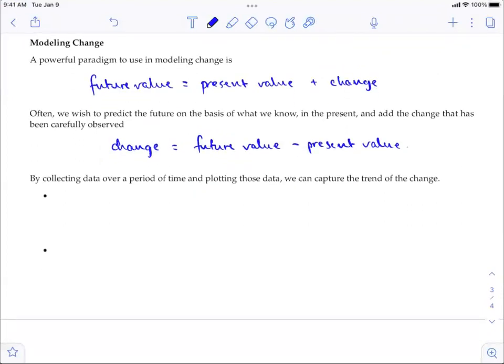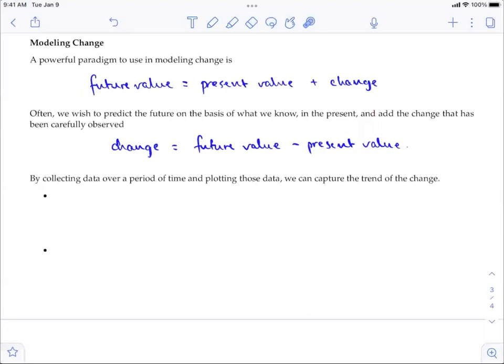You can do this by collecting data over a period of time, plotting those data, and capturing the trend of the change. Then you can go back and forth between these two equations to come up with the change and the future value.